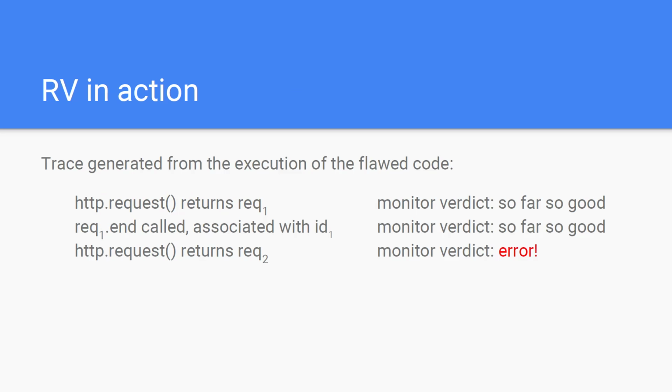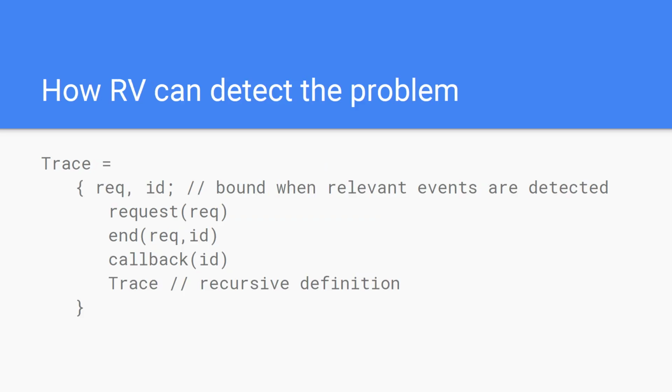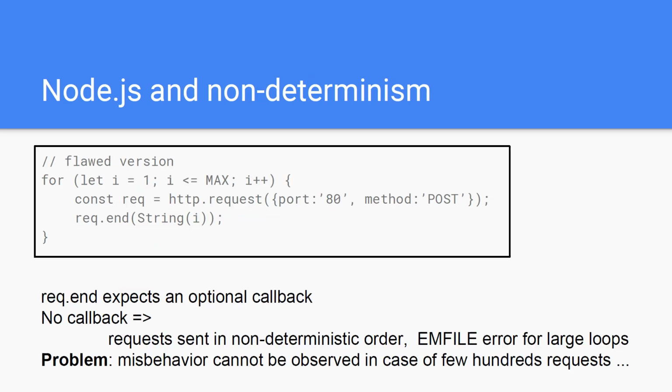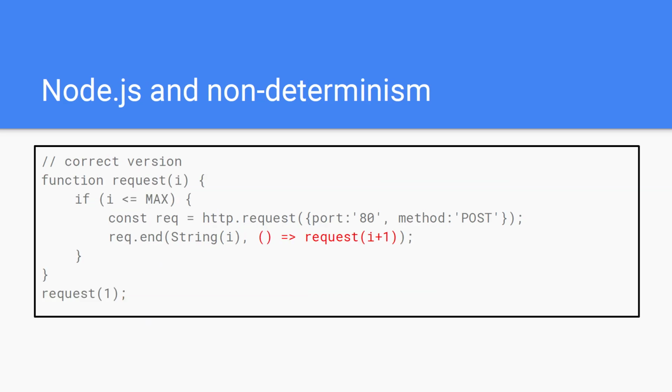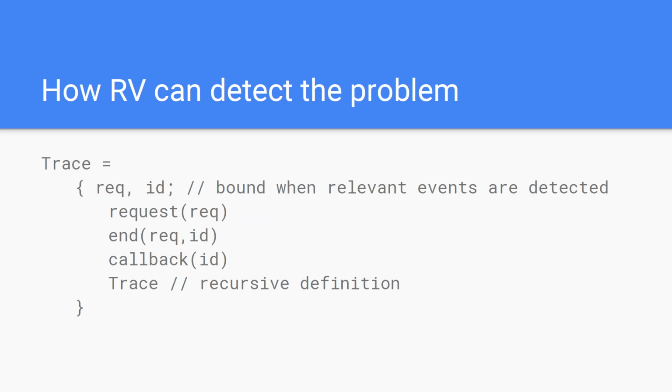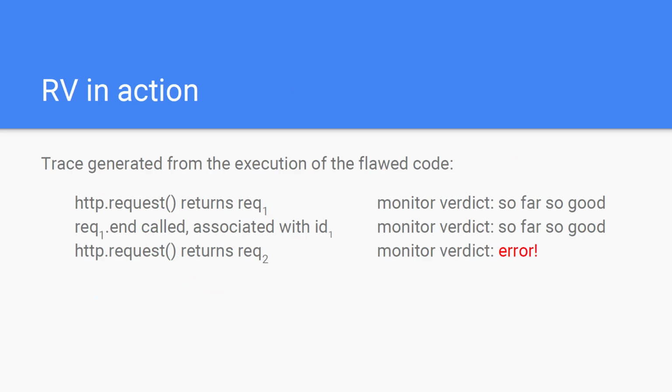So if you verify this cloud version against this specification, what you get is this behavior for the generated monitor. The generated monitor receives this first event generated by the instrumentation, and the verdict in this case is so far so good.